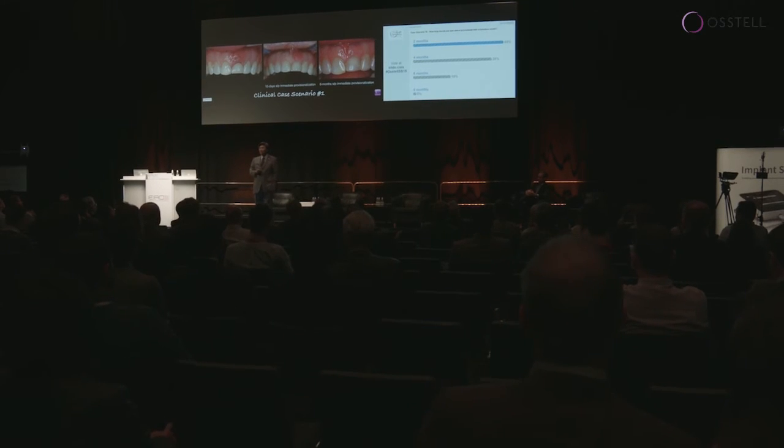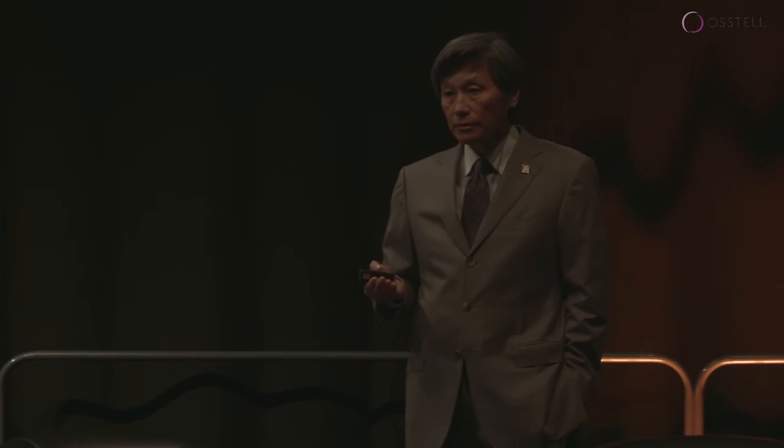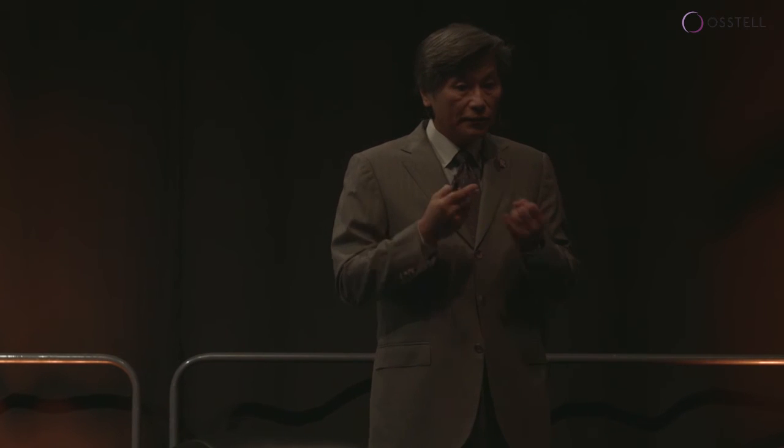I waited 6 months. Why? The reason why I waited 6 months is there is no reason to jump in there sooner than later at this point in time. The patient has what she wanted, a fixed restoration, fairly natural looking. Yes, it's discolored, but why would you want to go in there sooner than later in a difficult situation like this, in a very high-risk patient?